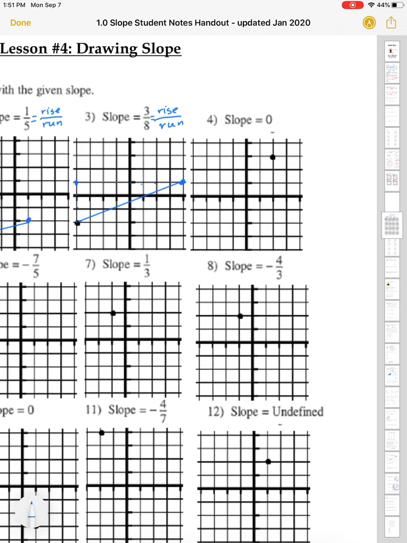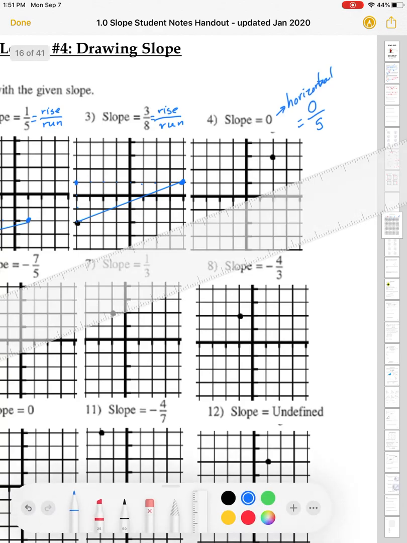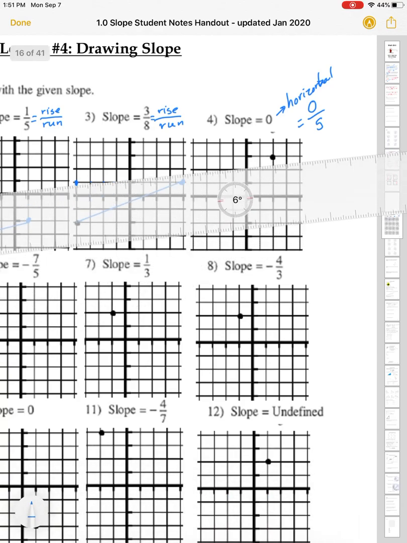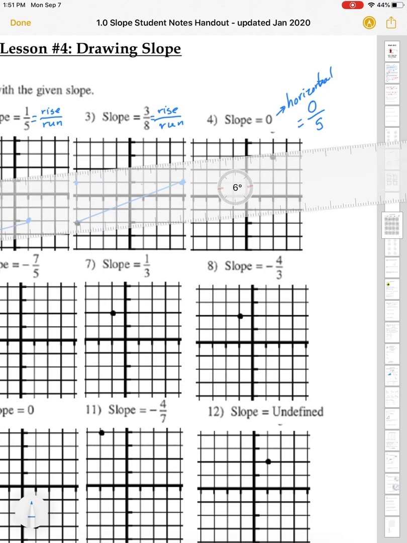So let's do another one. Slope equals 0. So if it's equal to 0, that means it's horizontal. So that means that our rise is 0 and then it's over anything. So we could say over 5. Doesn't really matter, as long as when we draw this, we have a nice straight line.